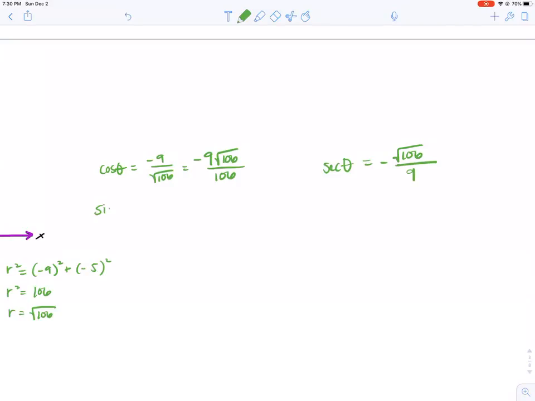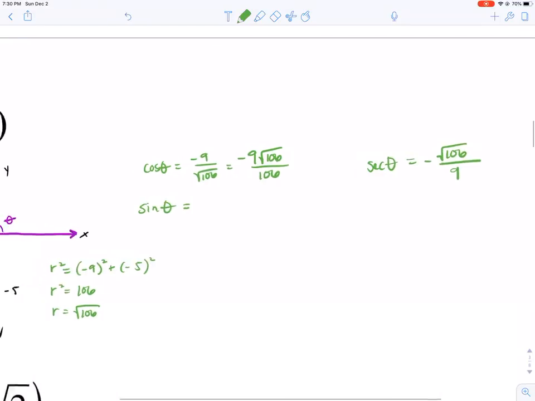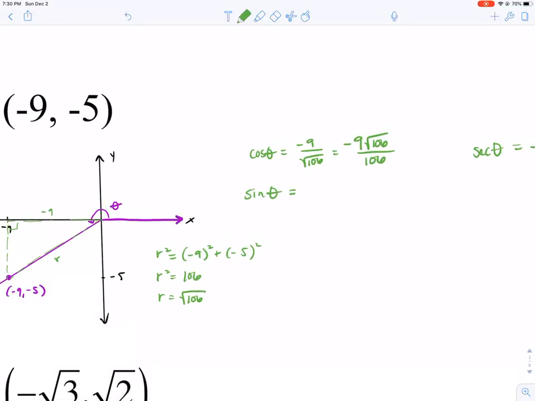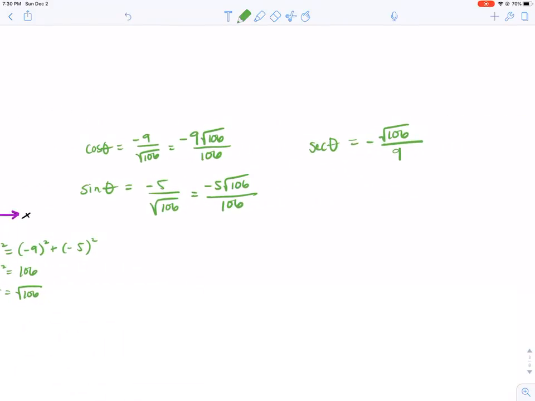Okay, sine of theta is y over r. Rationalizing the denominator, we would have negative root 5 times the square root of 106 divided by 106. Its reciprocal, cosecant, would be negative root 106 over 5.